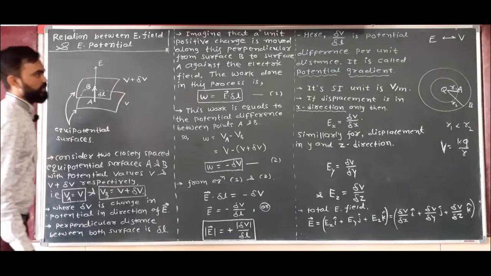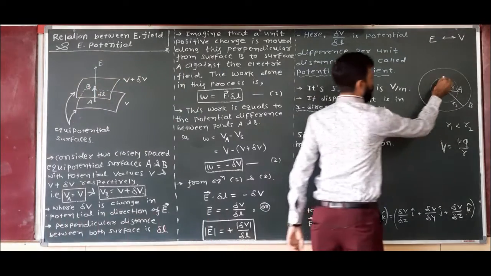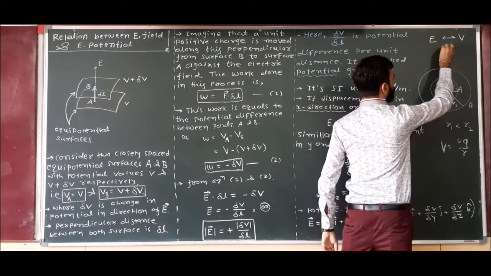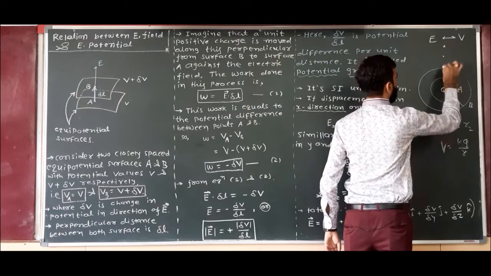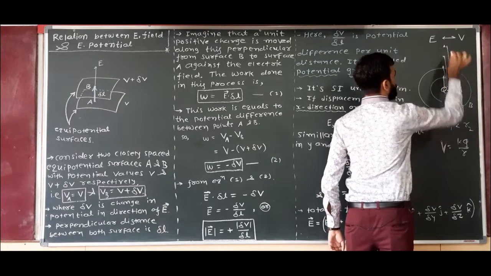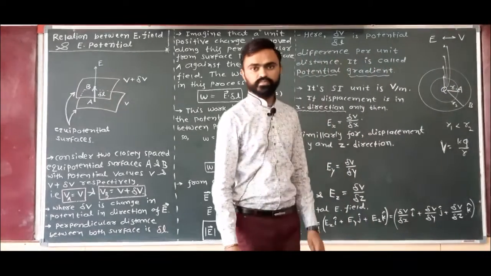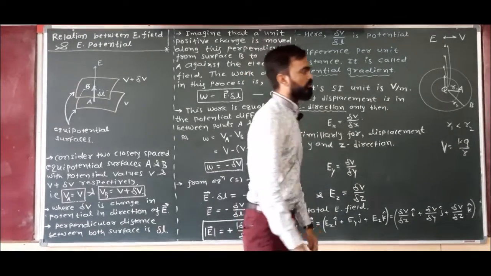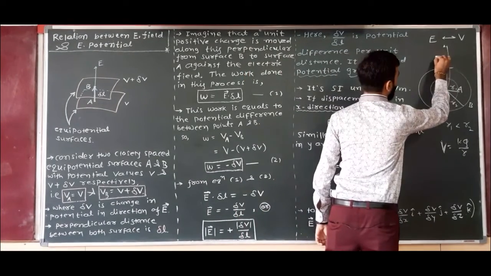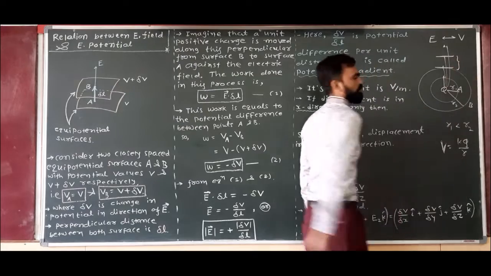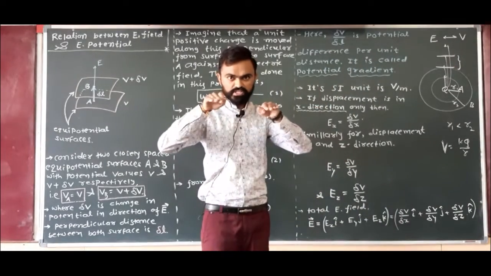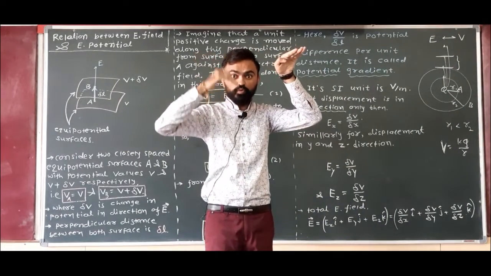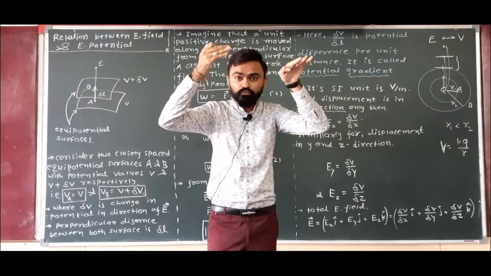As you go away from the source charge, as the distance changes, the potentials change. That means for two equipotential surfaces there is a change in potential.